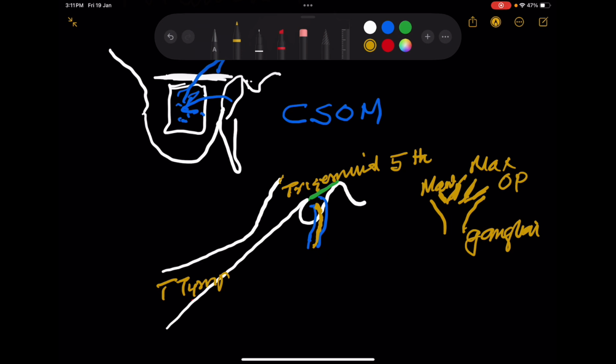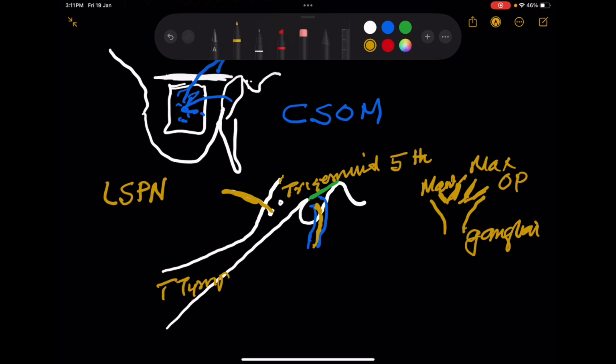And from under this there are two hiatus, two small openings through which arise the lesser superficial petrosal nerve.